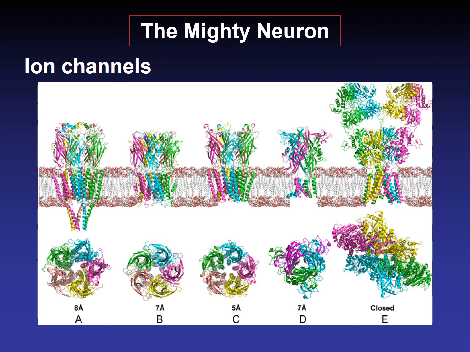Now, in the first row, we're looking at a cross-section of the cell membrane and the ion channels. But if we look at the second row, now we're looking from the top down at the ion channels. If you look over here at E on the second row, you can see that there's really no hole in the center, or if there is a hole, it's a very small hole.